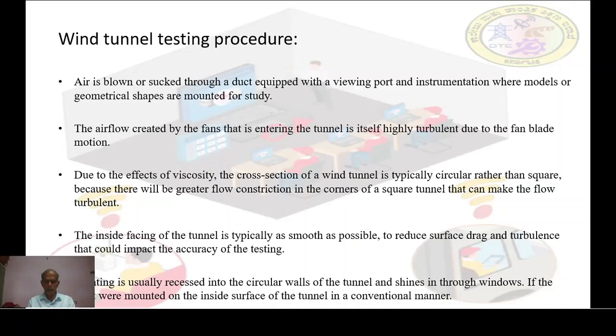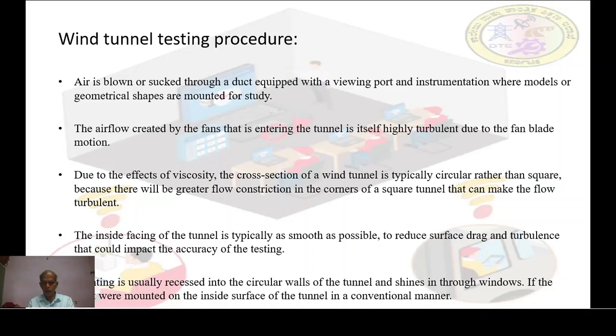A circular tunnel provides a smooth airflow. The inside facing of the tunnel is as smooth as possible to reduce surface drag and turbulence that could impact the accuracy of the testing.